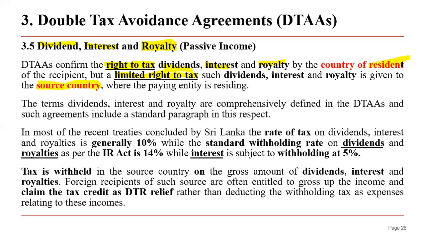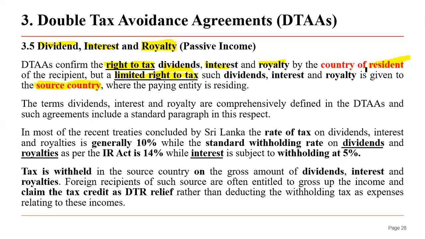Let's say a company in UK, we are paying royalty. Let's say EY, we are paying royalty to the parent company in the UK, right? Then when we are paying, we are deducting withholding tax on royalty because we are the source country.